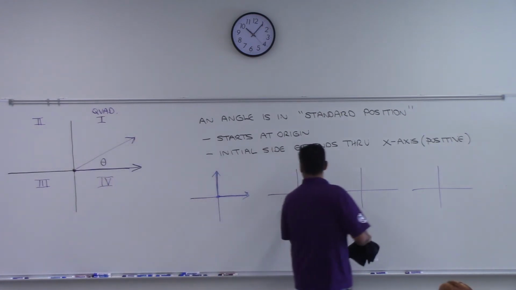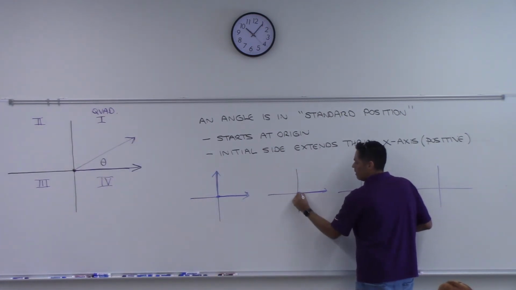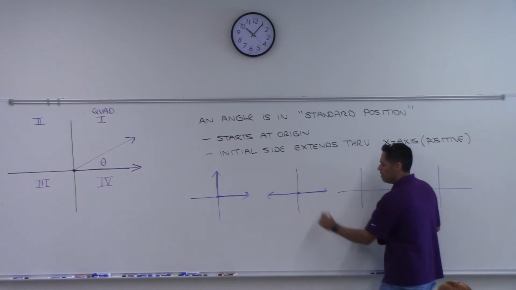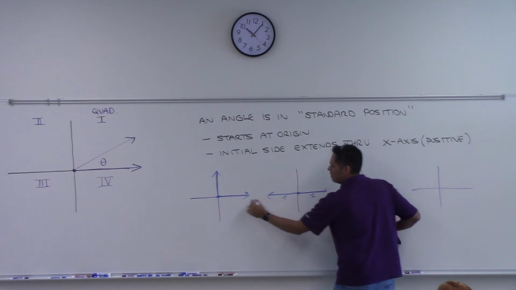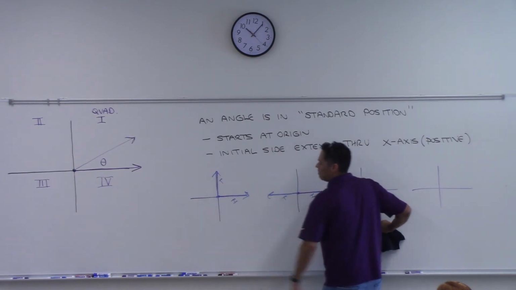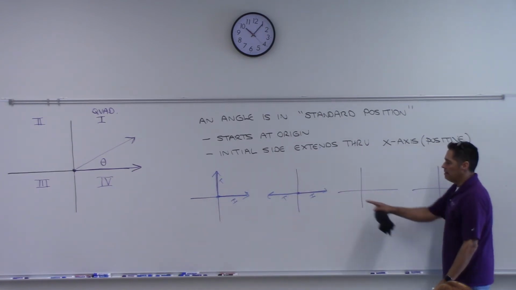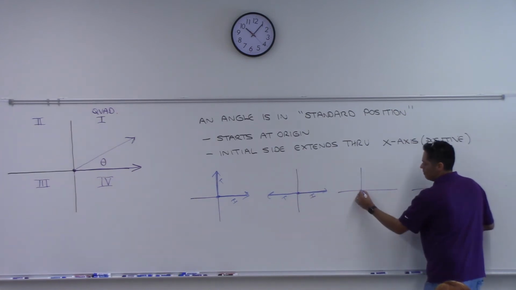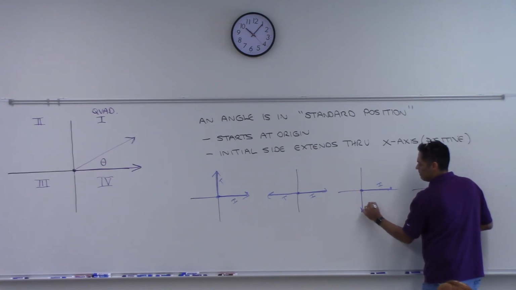Same with this one. Here, rotate through and have it come straight across to here. Initial side, terminal side. See, again, this angle is not in one of the quadrants, right? Initial side, terminal side.